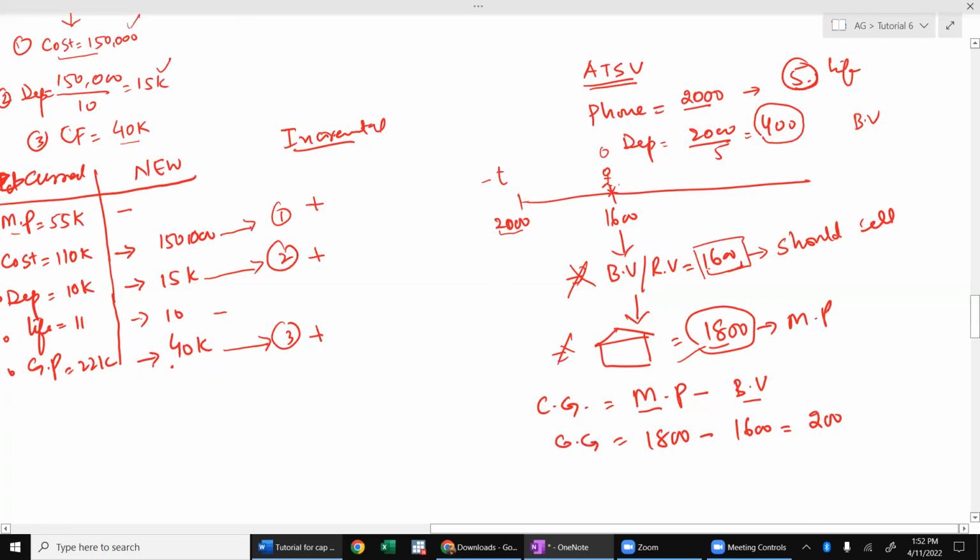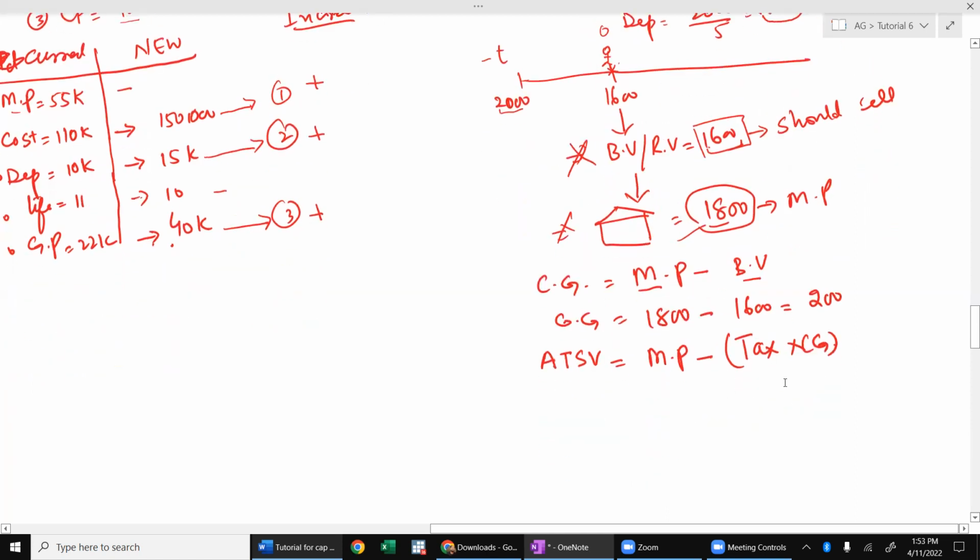Once you get the capital gain, then you have to pay a tax. This is what is called after tax salvage value. So it should be equal to market price minus tax rate multiplied by capital gain.